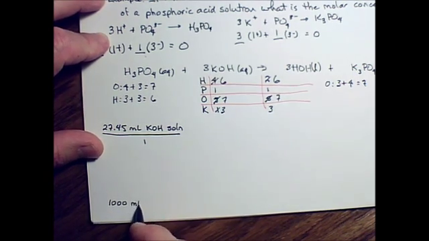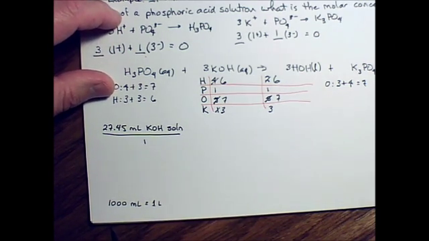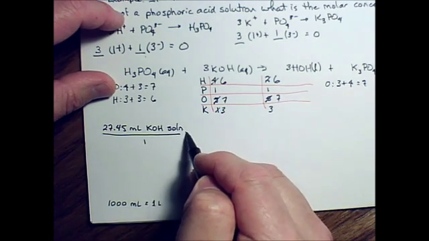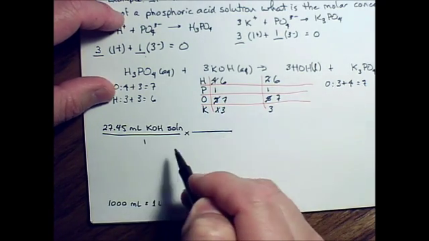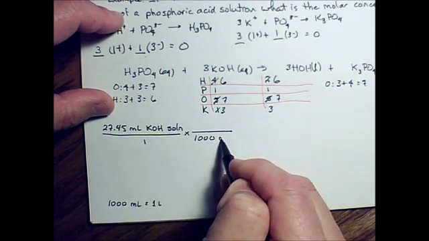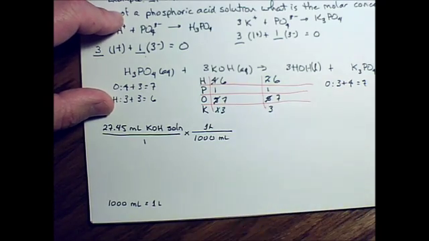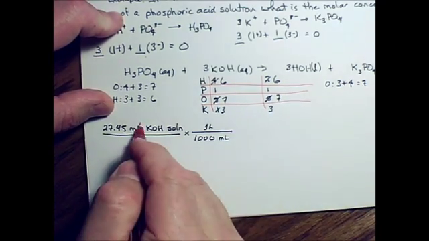This allows me to convert by putting the 1,000 milliliters on the bottom and the 1 liter on the top. Okay. I can cancel milliliters.